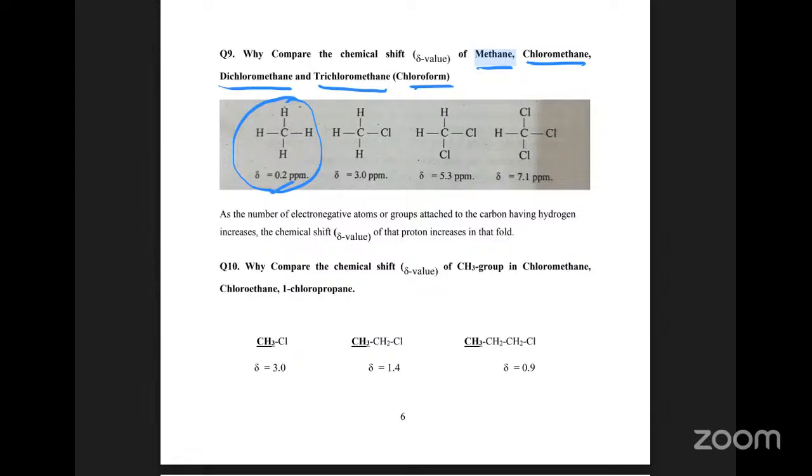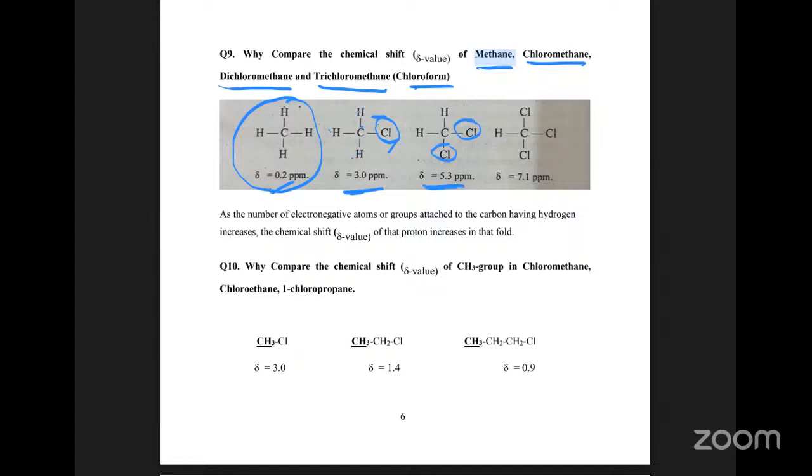But if there is one Cl group attached to this carbon, having this proton, this will be influenced greatly because of the electronegativity of Cl, and this del value will be 3 ppm. Now, if there are two Cl groups attached to the same carbon atom, the influence of these two Cl groups will be more. So the del value will be much higher than this.